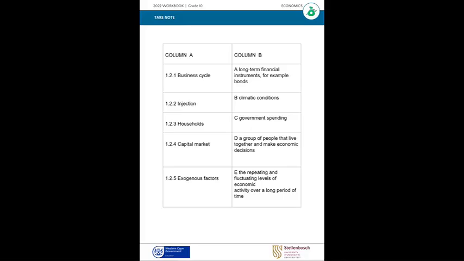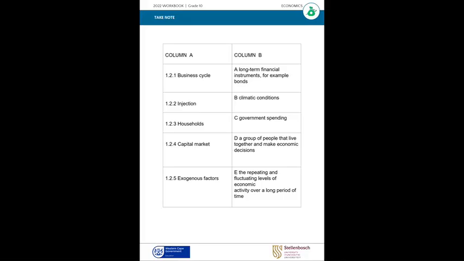Your capital market are your long-term finances. Exogenous factors are the things from outside which affect the business cycle. And then by now you should know the definition of a business cycle is obviously where they show you the difference in economic activities over a period of time.